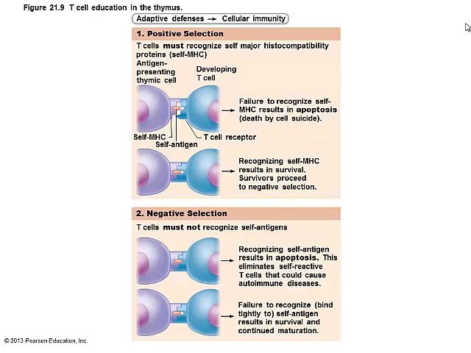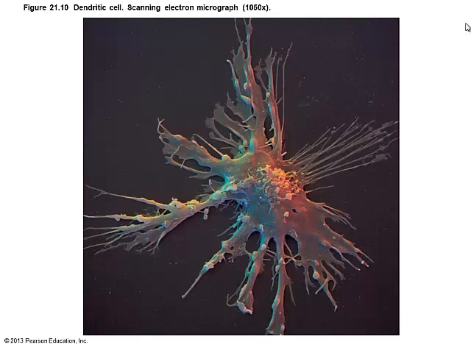So understand what self-antigens are, what those MHC complexes are, and understand the process of positive and negative selection. Then go into seeding, and then in order for an immune response to take place, these cells, which are seeded, we call naive, have to become activated.